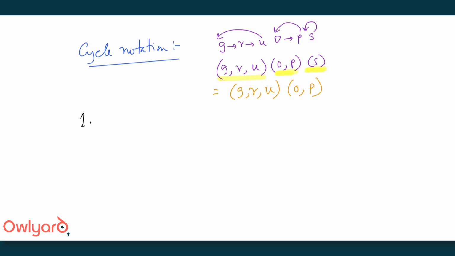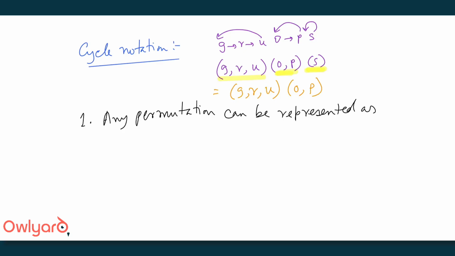So, the first one is any permutation can be represented as disjoint cycles, the way exactly I have written it here.